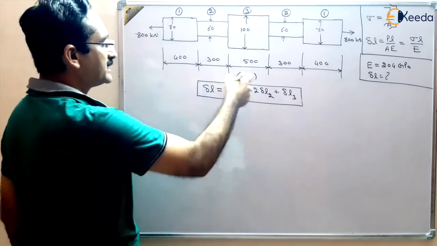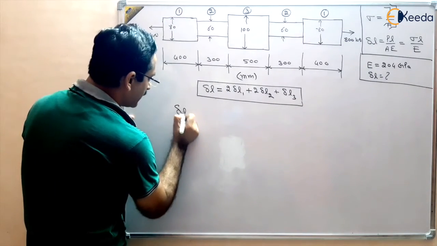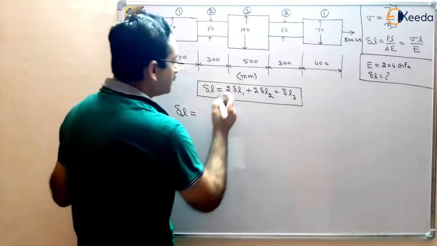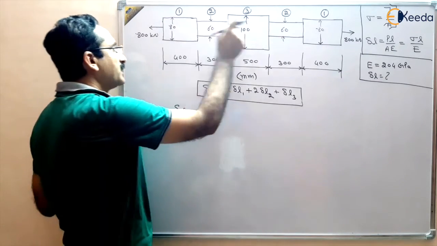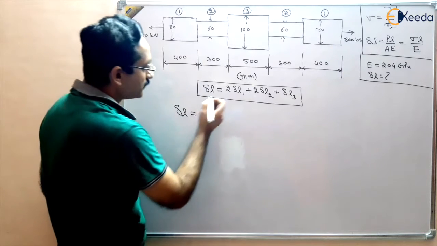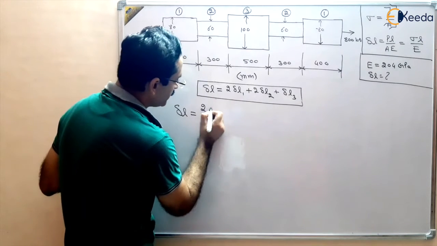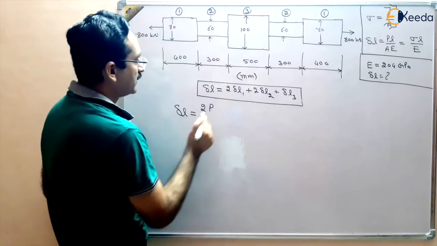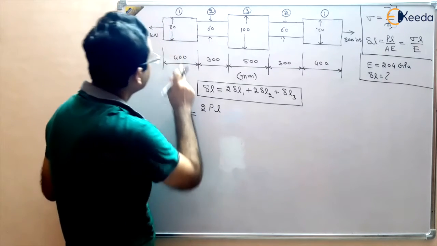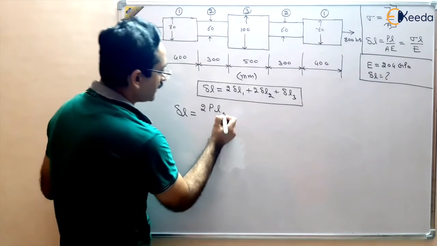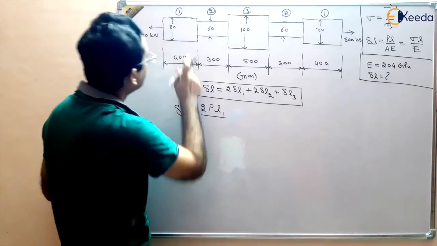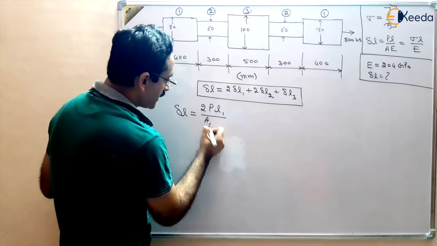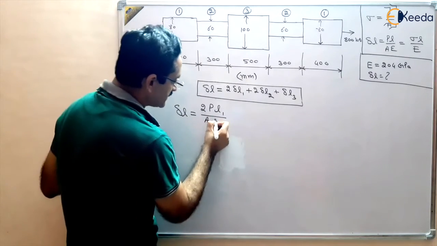Apply the formula for each section. So you will get delta L as PL upon AE. The load P is acting the same in each section, 800 kilonewton. So we can write 2 times P, L1, the length, upon area A1, upon E. E is the same since it is steel.